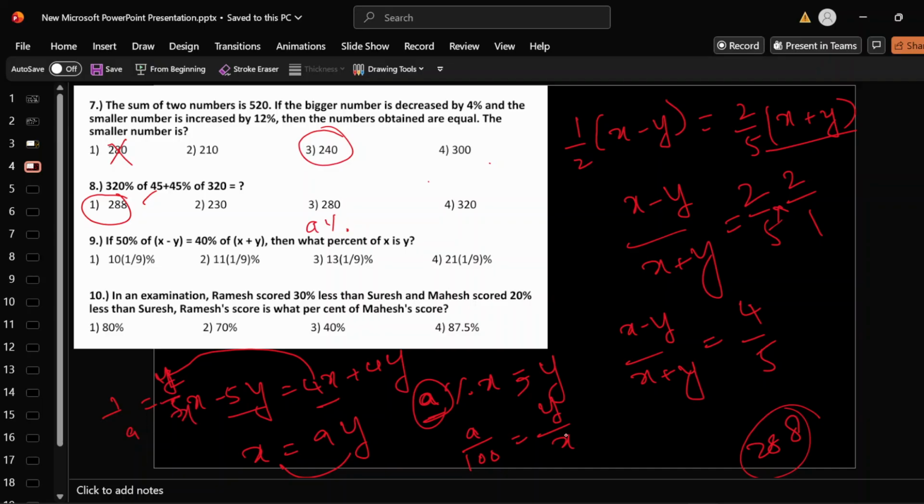Y by x value is 1 by 9. A by 100 equals to 1 by 9. That means 9a equals to 100. A equals to 100 by 9. 9 elevens are 99. 11 1 by 9 is our answer.